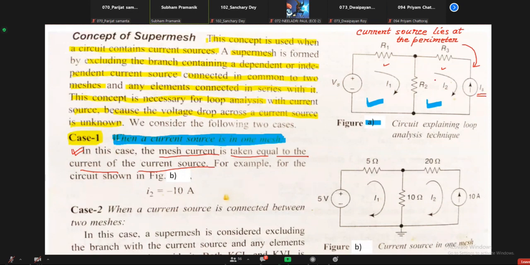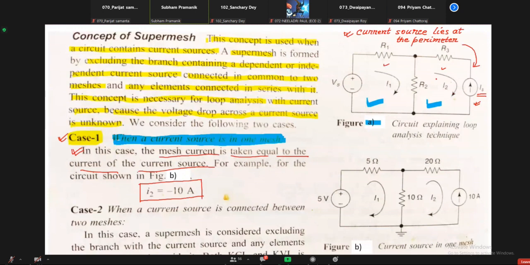Obviously, you need to identify the direction and choose the value accordingly. According to case 1, when a current source is in one mesh, or lies at the perimeter of the circuit, different circuit configurations will have different types of circuit. You have to identify whether there is a current source lying at the perimeter. I shall show you other examples also.